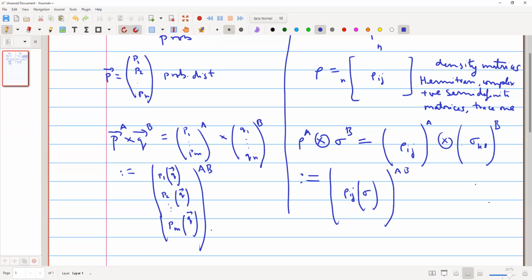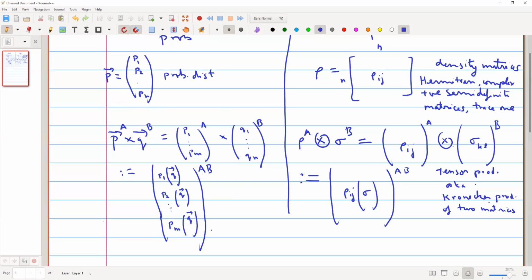So the tensor product is also called the Kronecker product, after the mathematician Kronecker. So this is the definition element-wise.